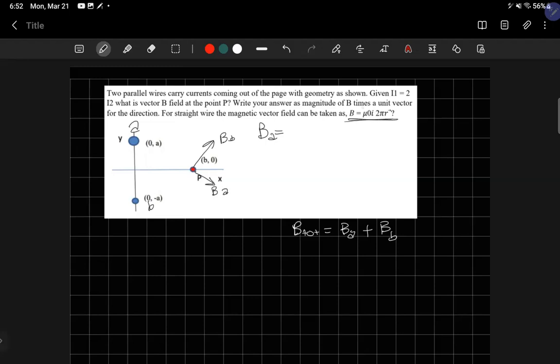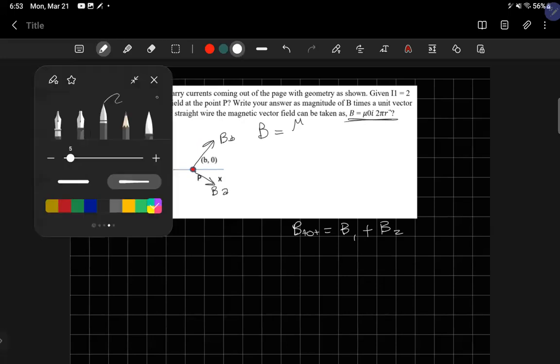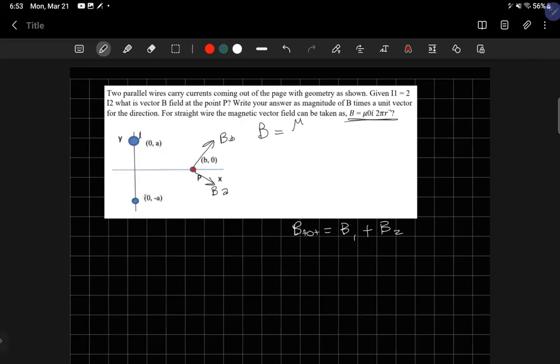So the magnetic field of B or A is going to be mu naught times the current of the wire. I guess let's not use B and A. Let's use 1 and 2. I'm going to assume by size that this is going to be 1, 2.